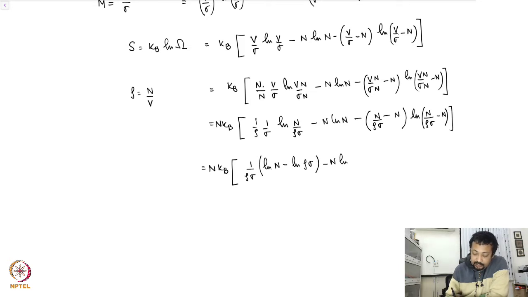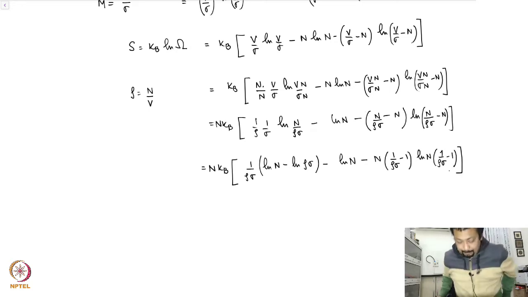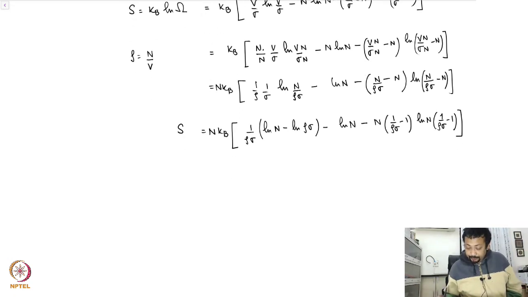Sorry, this n factor is not going to be there because I have taken n outside. I have ln n, and then 1 over rho sigma minus 1 ln 1 over rho sigma minus 1. So this is going to be my entropy.